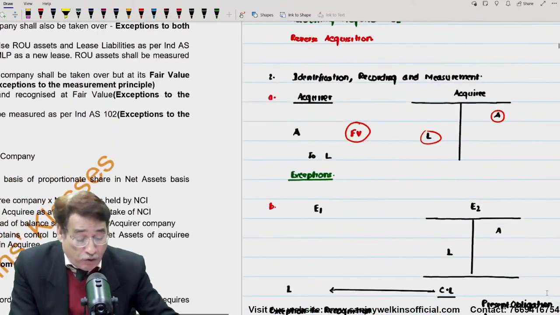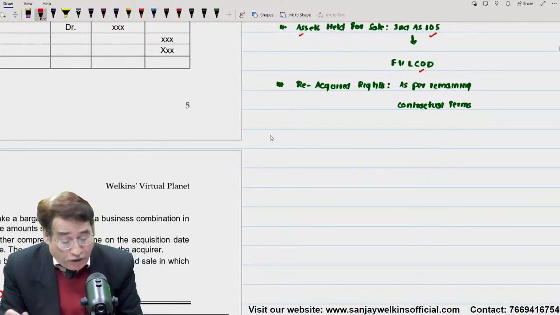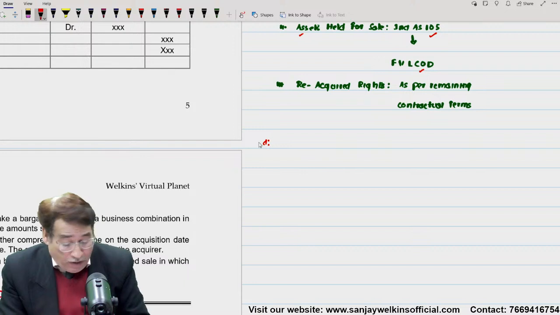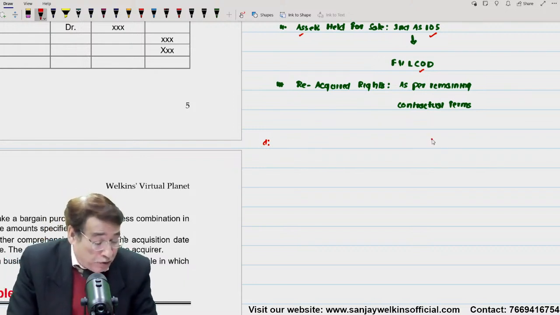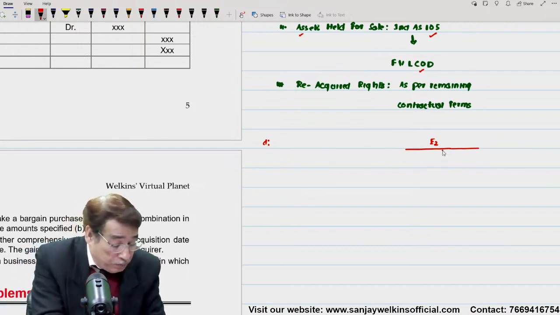Now, after having noted down all these points, remember one thing, still point number 2 is on. Under point number 2, we have talked about A, B, C, and now I am writing point number D. Correct? What is point number D now? Under point number D, see here, this is the balance sheet of, let us say, acquiring entity. And we have taken acquiring entity as E2, correct? Right from the beginning of this particular chapter itself.